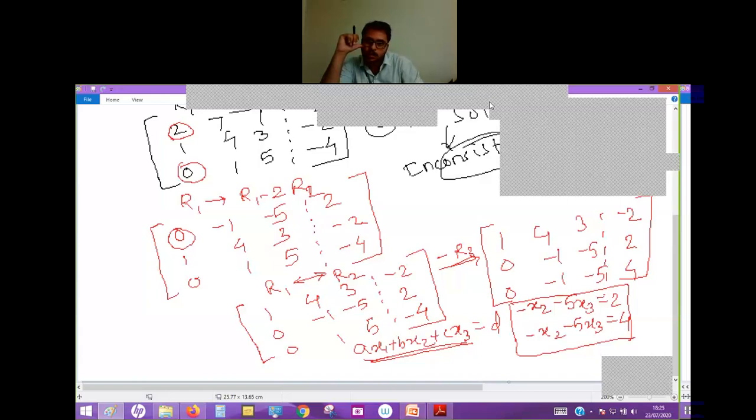Okay? So can anybody tell me? Please give some thought to it. Are you able to tell what these equations are? Obviously the x1 term is 0, no problem in that. But at least tell me what this equation is. This standard equation is of what?